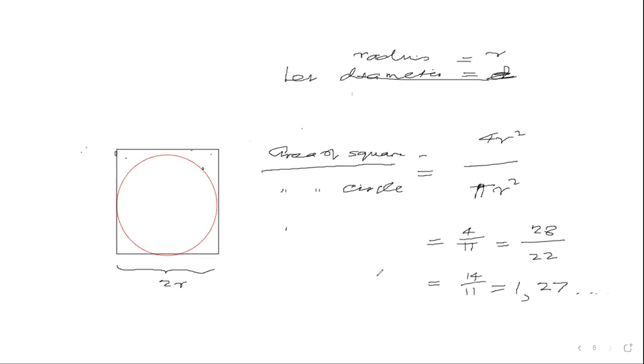Which means that the square is 27% more than the circle, because this is 1 and 27 over 100. So the area of the square is approximately 27% more.